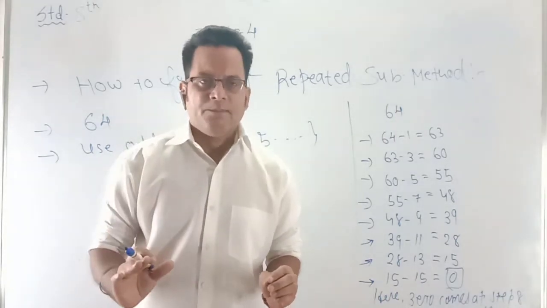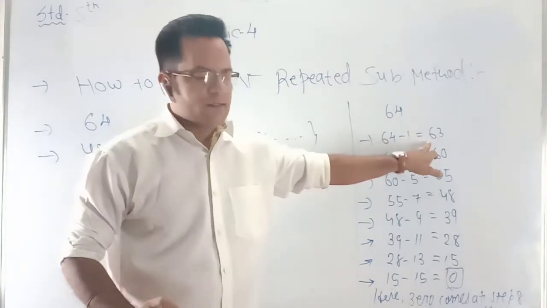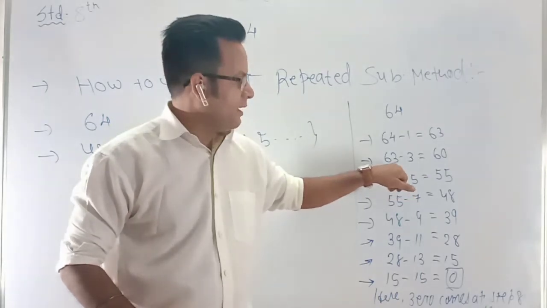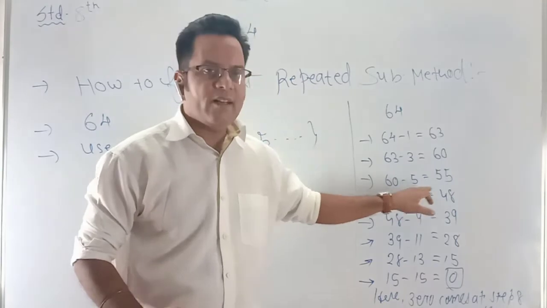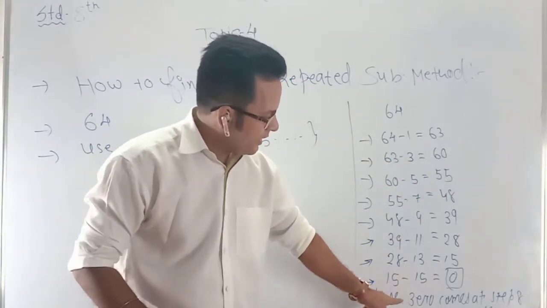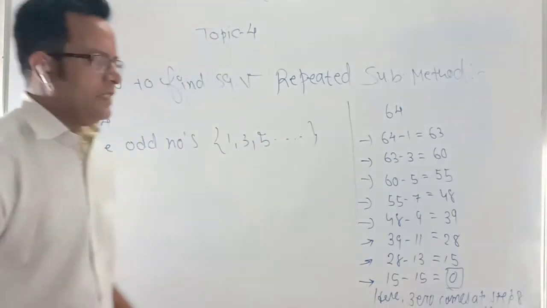Here you can see 64 minus 1 is 63. So you take 63 on the LHS side. Then 63 minus 3 is 60. Then 60 minus 5 is 55. And you can see here the sequence 1, 3, 5, 7, 9, 11, 13, 15. All the odd numbers we are using. Just take a look.